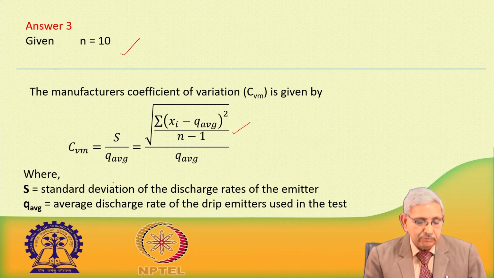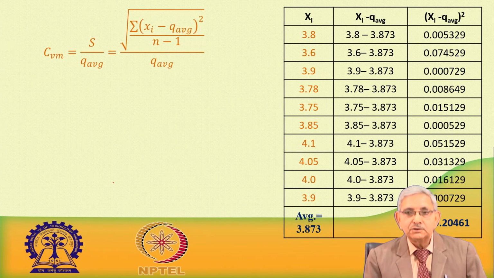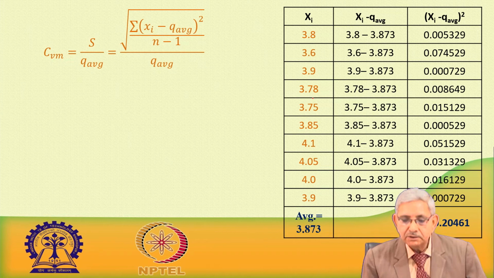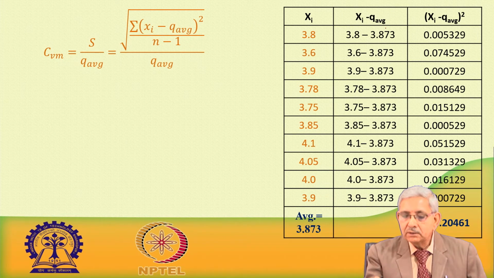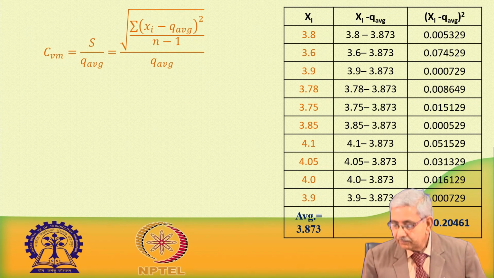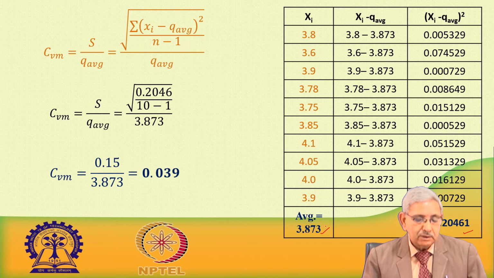Accordingly, the manufacturer's coefficient of variation will be estimated. So, we find the deviation from each individual value, and then the sum of these deviations. The average value is 3.873.